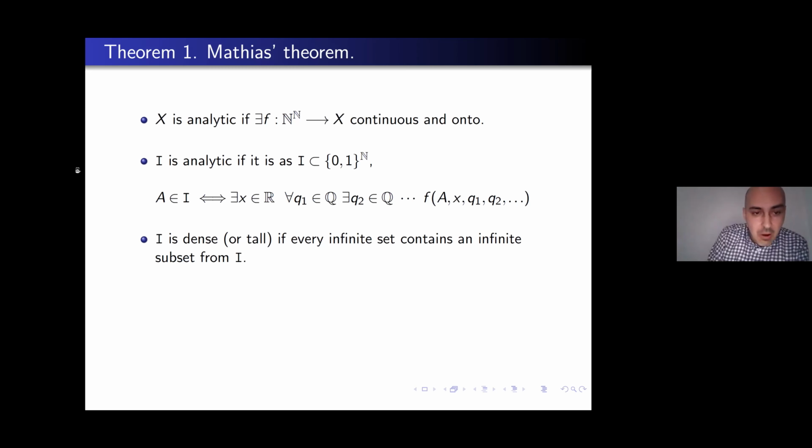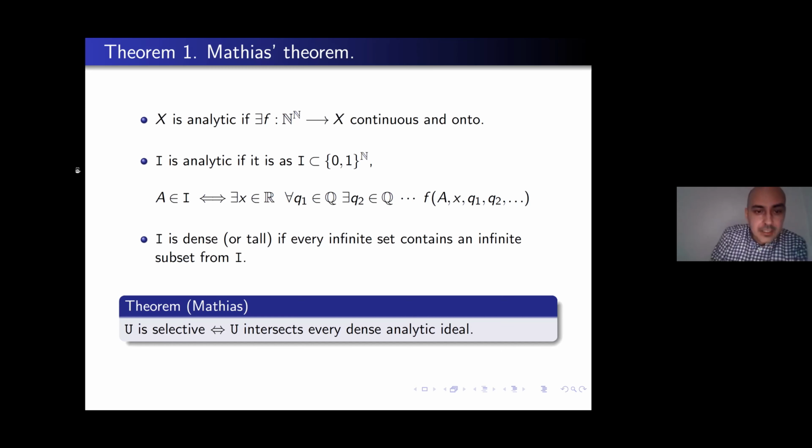Okay, and now I want to state Mathias's theorem. It's a different characterization of selective ultrafilters. An ultrafilter is selective if and only if it intersects every dense analytic ideal. So in any way I may define subsequences of a sequence in a nice way, analytic means that I can define this family of subsequences in some reasonable way.